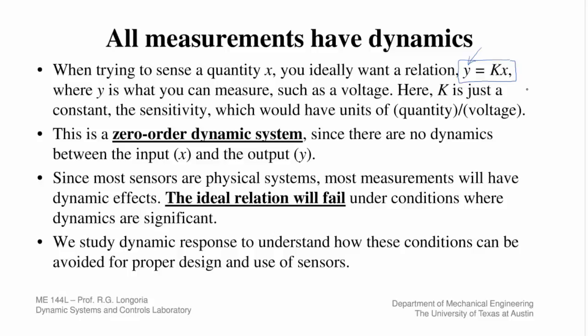And in the lab, you've probably had some experience with measuring this quantity. It's a static type relationship then, and it's an algebraic relation. In this case, it's linear. We might call that a zero order dynamic system. There's no dynamics, it's just a constant, and it relates the output to the input. Best case scenario.